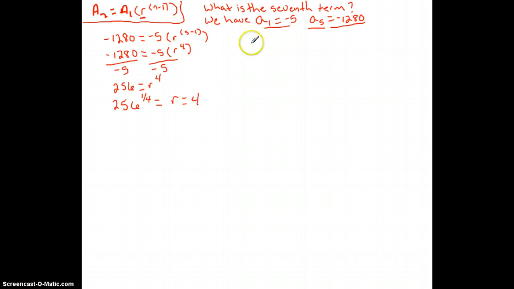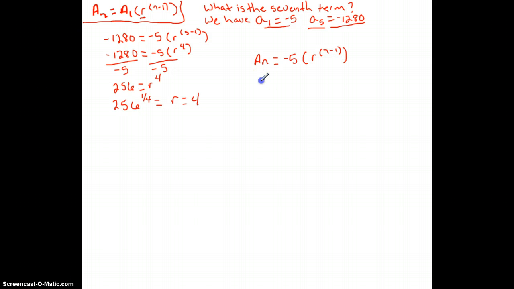We can go ahead and plug everything back in again, but we're going to change a few things here because we don't have an. That's what we're trying to find. We're trying to find a7, or the seventh term, I should say. I'm just going to plug in the information we have again. This is r, and it's n minus 1, and we're finding the seventh term, so we'd write 7 minus 1. I'm just writing it all out here.